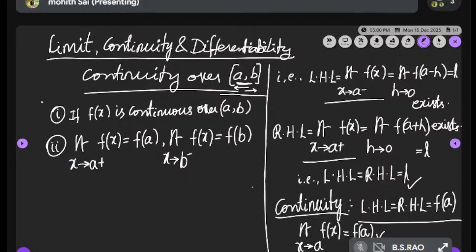You are approaching towards B from left side. And if f of x is continuous over open interval, then you can say it is continuous over closed interval AB. Next we have uniform continuity.